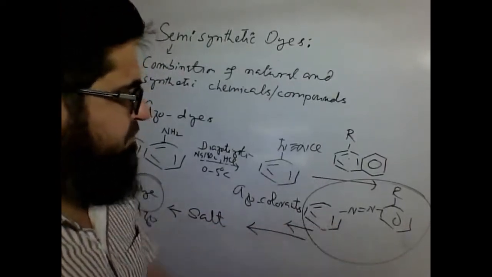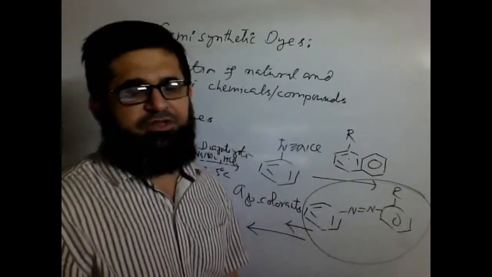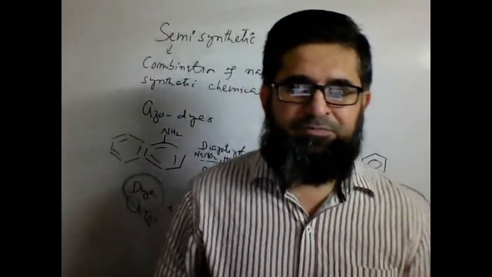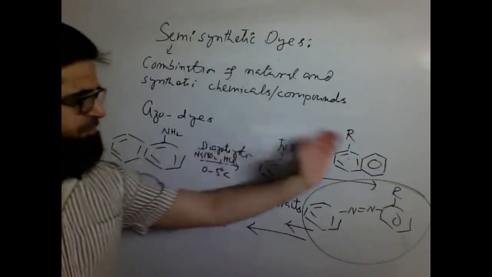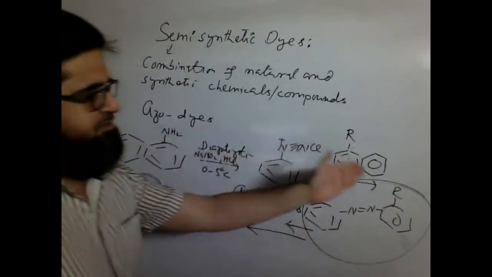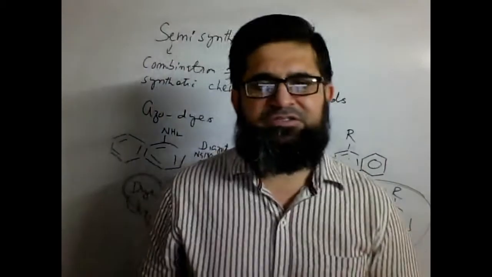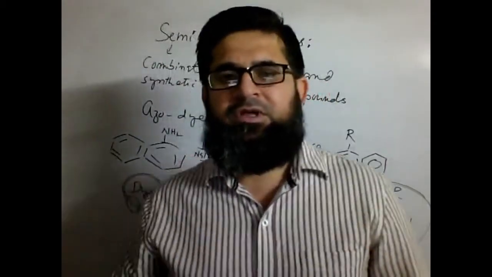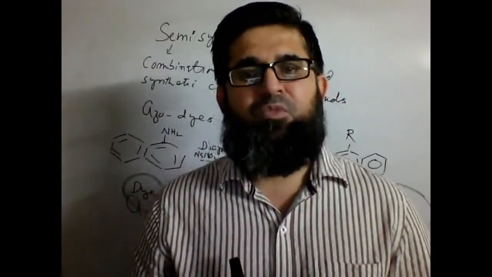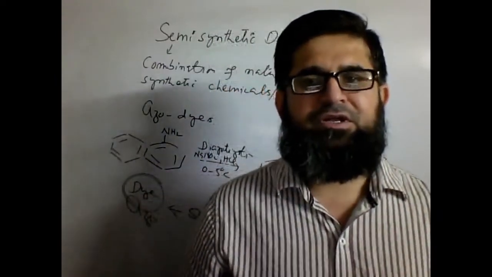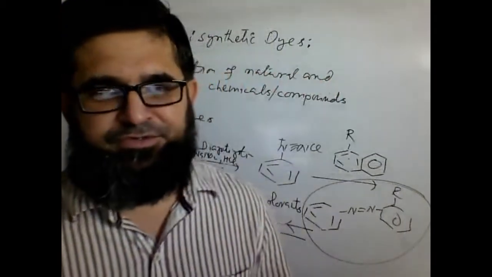Again, we do some basic reactions for the preparation of salts. So finally we get an azo dye. All chemicals which are involved at each step are synthetic. They are mostly carcinogenic in nature. They're hazardous chemicals, you know.